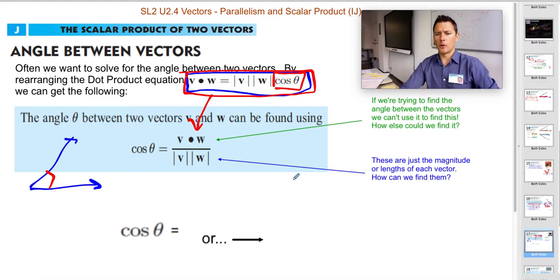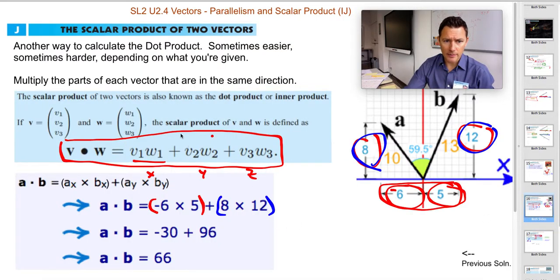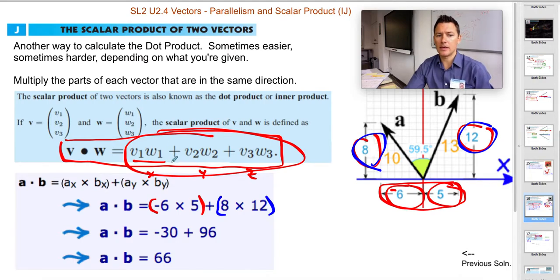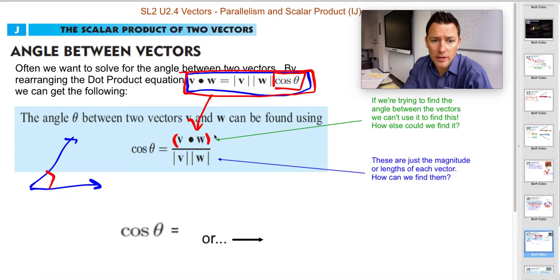Not a big deal, because we have two ways to find this numerator, one of which is to multiply and add the components. So that's a sneaky way to do this. Now we have a method for finding theta.